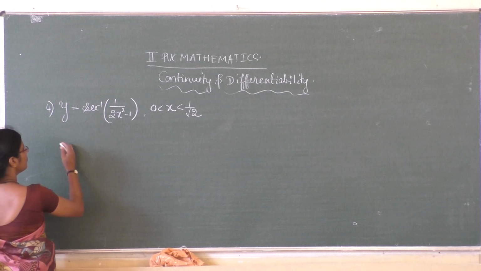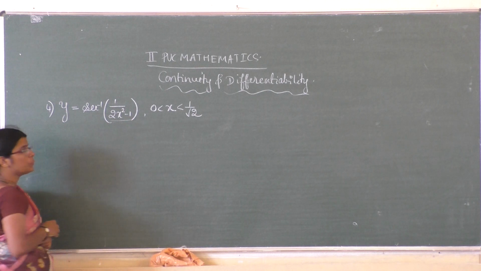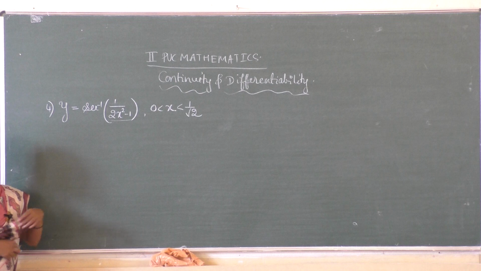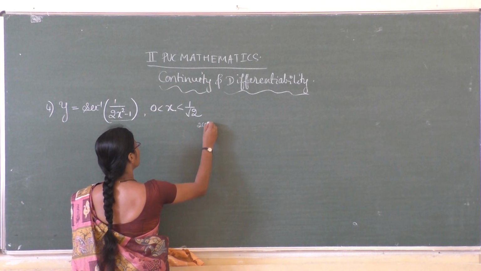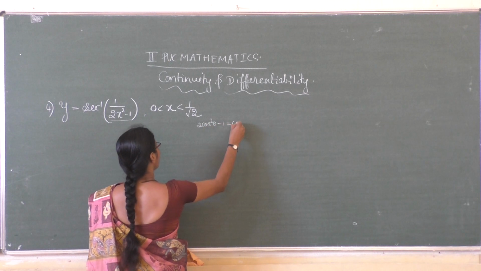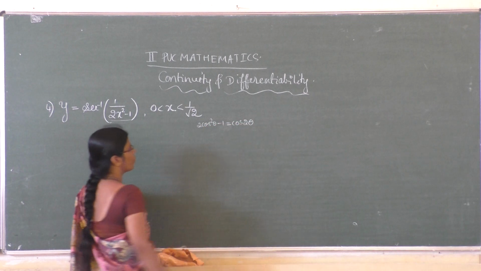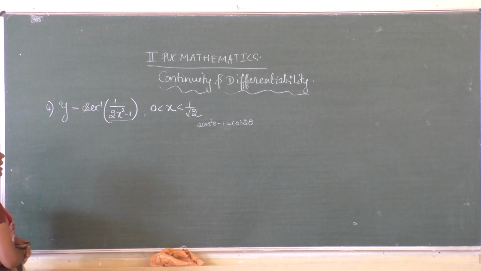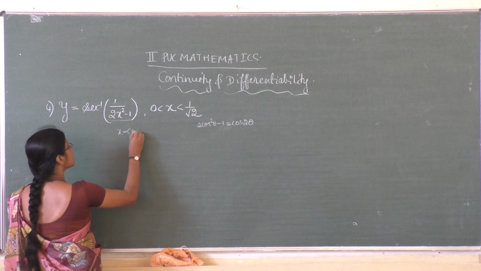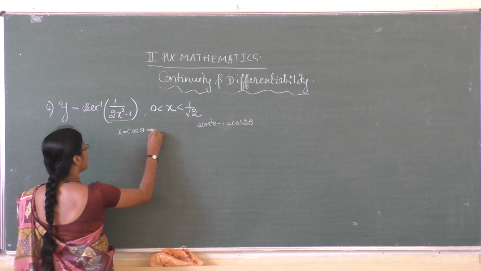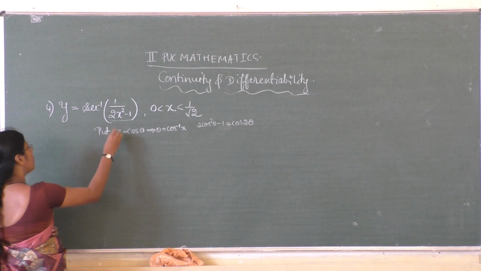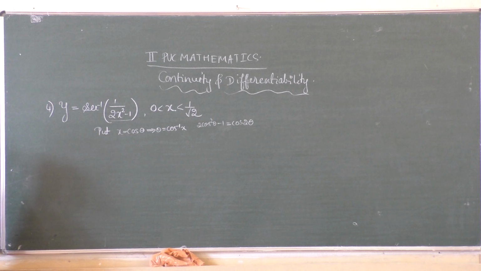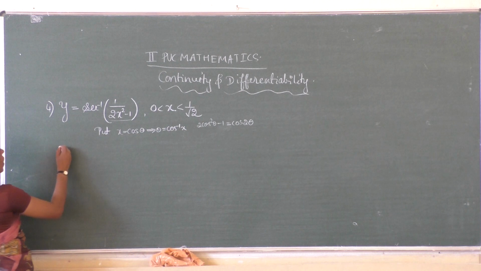So here, see, 1 by 2x square minus 1. In first PUC, we studied that 2 cos square theta minus 1 is equal to cos 2 theta. So here you give the substitution x equal to cos theta, which implies theta equal to cos inverse x.